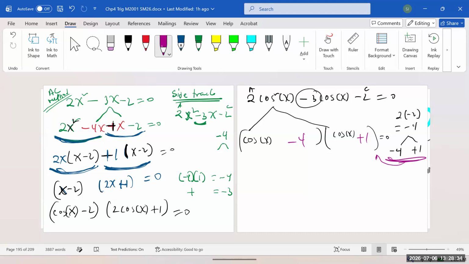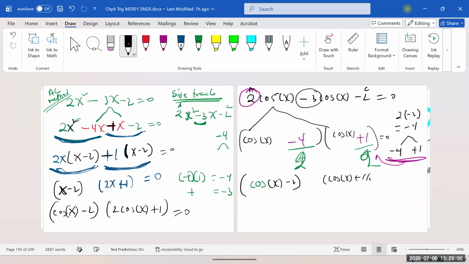Now what to do, we are going to divide them by this A. Divide by A. In our case, how much is the A? 2. So divide by 2, divide by 2. What is 4 divided by 2? So one of the factors is cosine x minus 2. The other factor is cosine x plus 1/2.